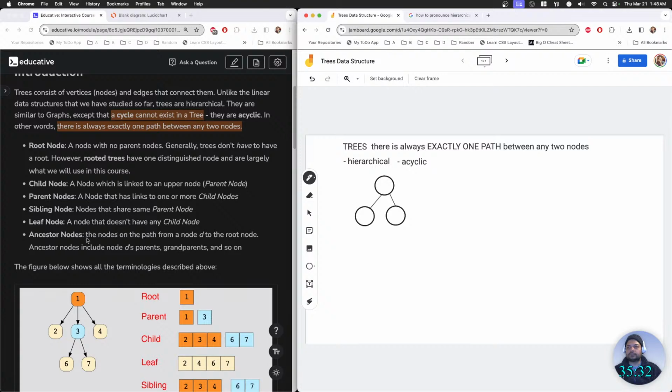Ancestor nodes, nodes on a path from a node D to the root node. So, ancestor nodes.